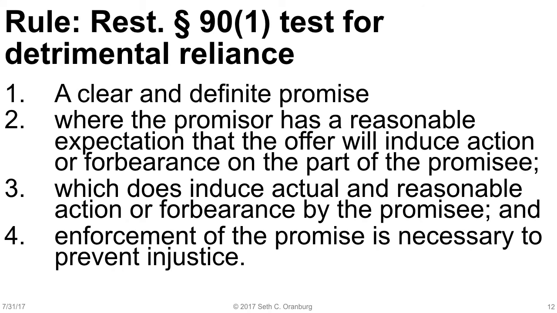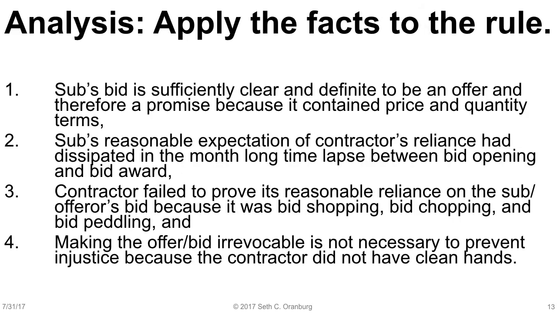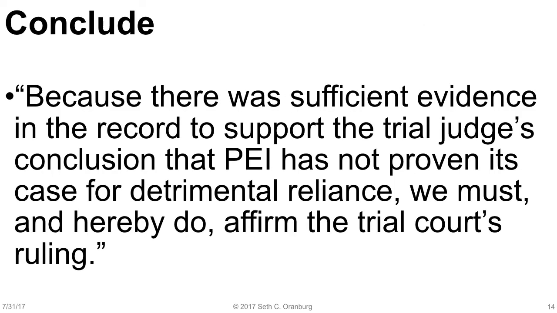The case points out that Restatement Section 90, Subsection 1, the second restatement of contracts, has a test for detrimental reliance, and in this case, Pavel Enterprises turns that into a 4-part test. We would then next apply the facts that are in our case to this rule. I have them here. We'll go back to this in a second, and then we're going to write a conclusion about what courts will do.